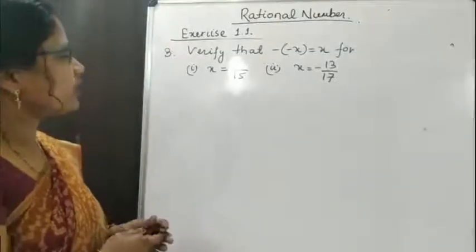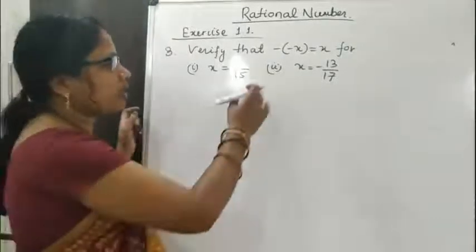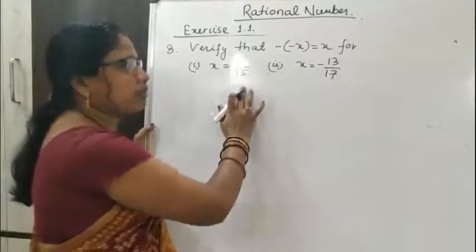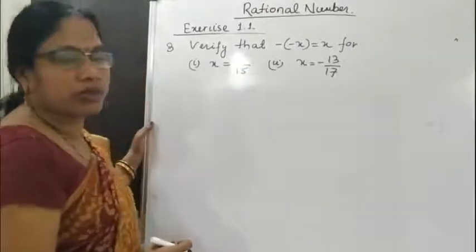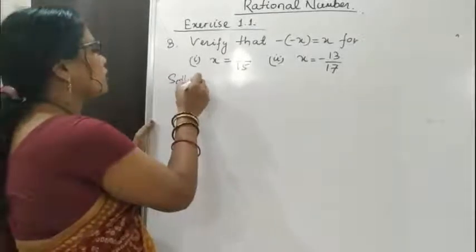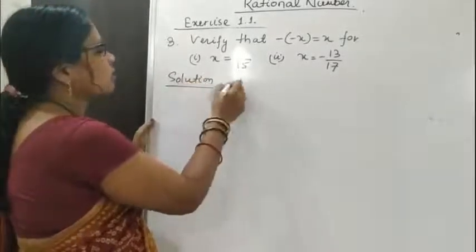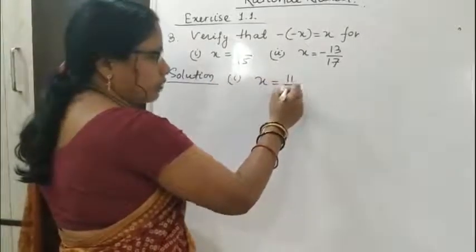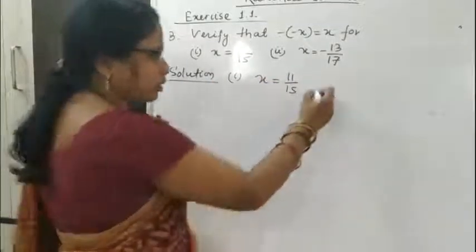Next question: verify that minus of minus x is equal to x for first x is equal to 11 by 15 and second x is equal to minus 13 by 17. So the solution of the first one: here x is equal to 11 by 15. Then what is minus x?